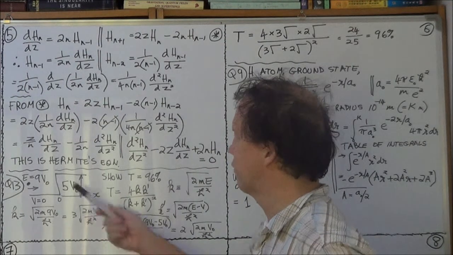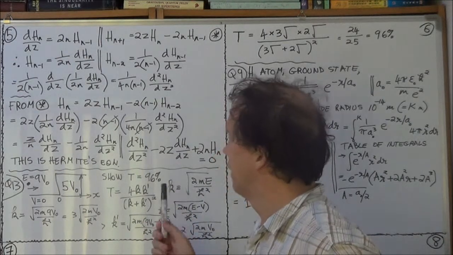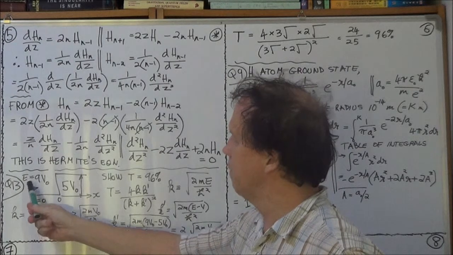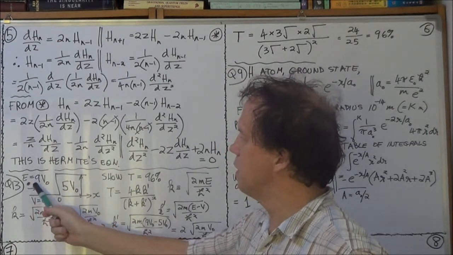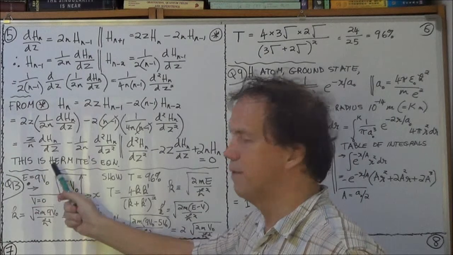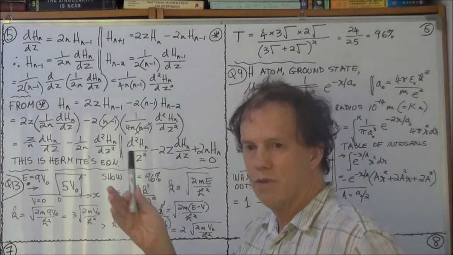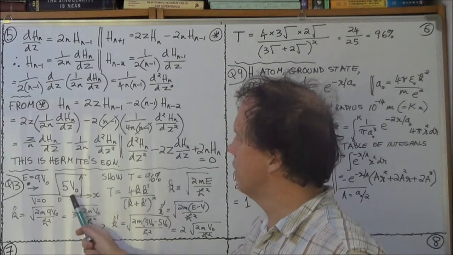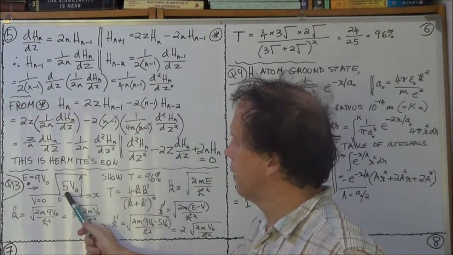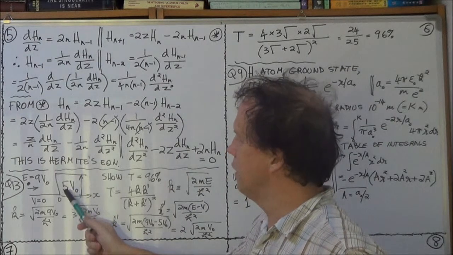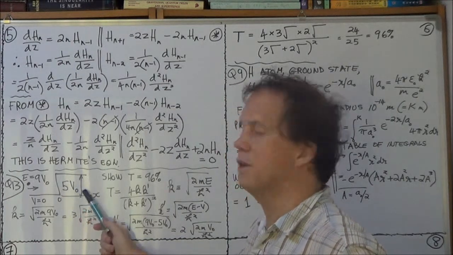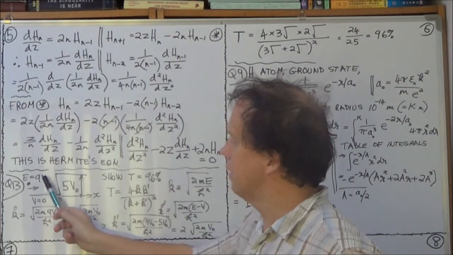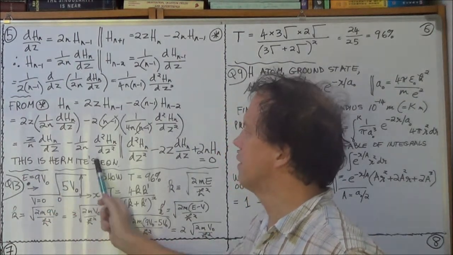So this first one's not too difficult. What you've got is a particle coming in, and you're told that its energy is 9 times V0. It doesn't really matter about the units, as you'll see. And then at x equals 0, it hits a barrier, and the potential V is 5 times V0. So the energy is greater than the barrier.